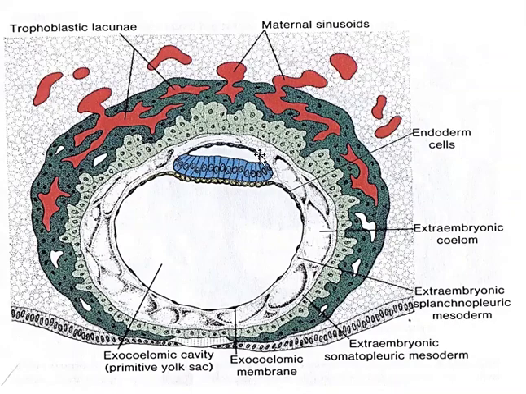By day 11 to 12, we can see here the extraembryonic coelom, and also we can find extraembryonic somatopleuric mesoderm right there. And here is the primitive yolk sac, and here is the site where the blastocyst entered the endometrium.